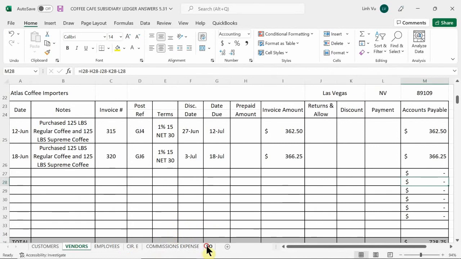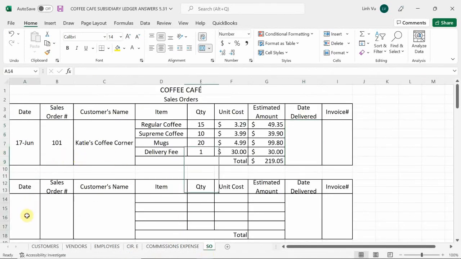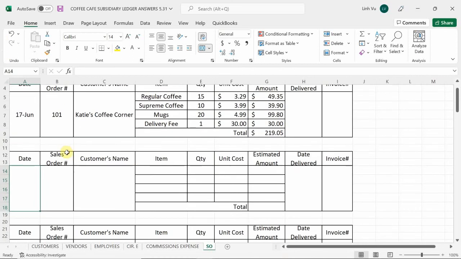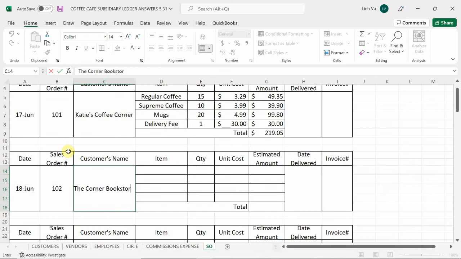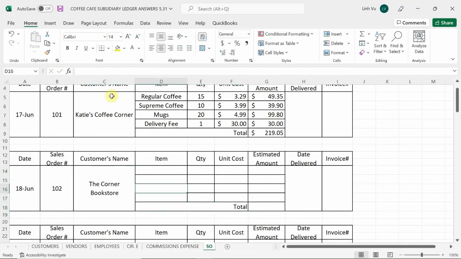So, subsidiary ledger, on the 18th, 402. And the customer was the corner bookstore. Now they wanted 10, yeah. There we go. 5.